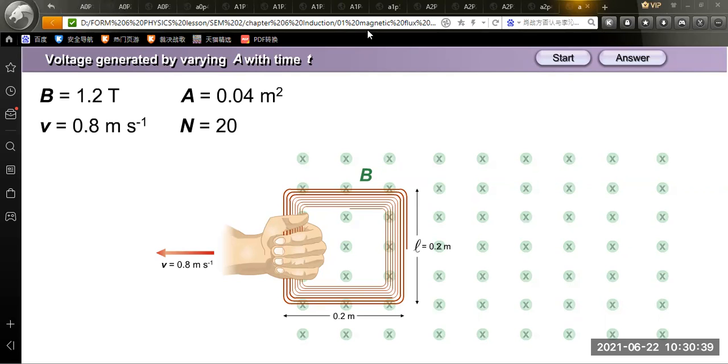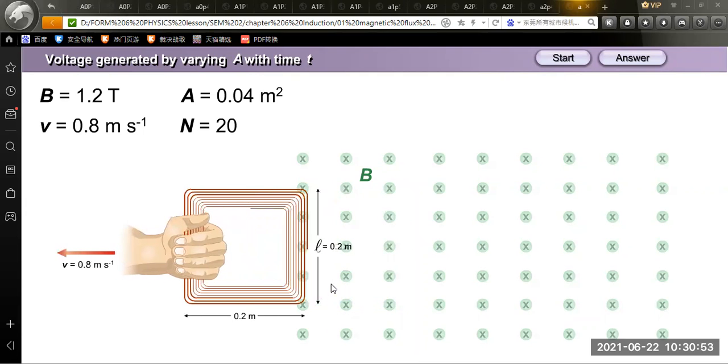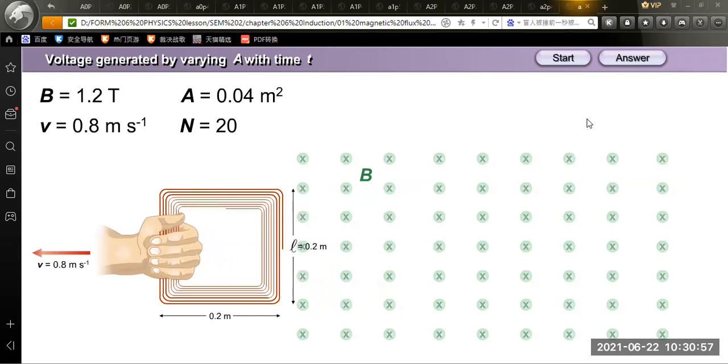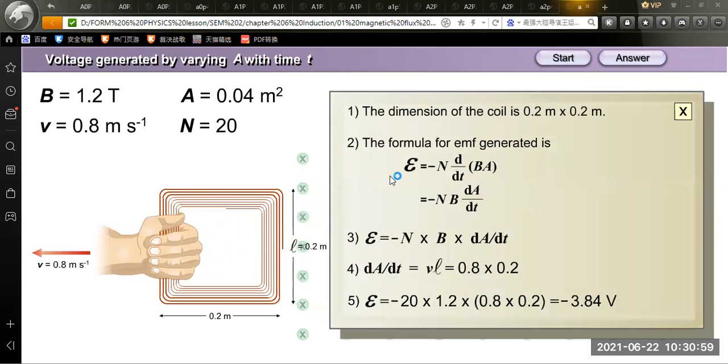Ladies and gentlemen, we notice that the coil moves with a speed of 0.8 m/s. How will the coil cut the magnetic flux? So how is the EMF induced? The dimension of the coil is 0.2 meter times 0.2 meter. This will be the area.